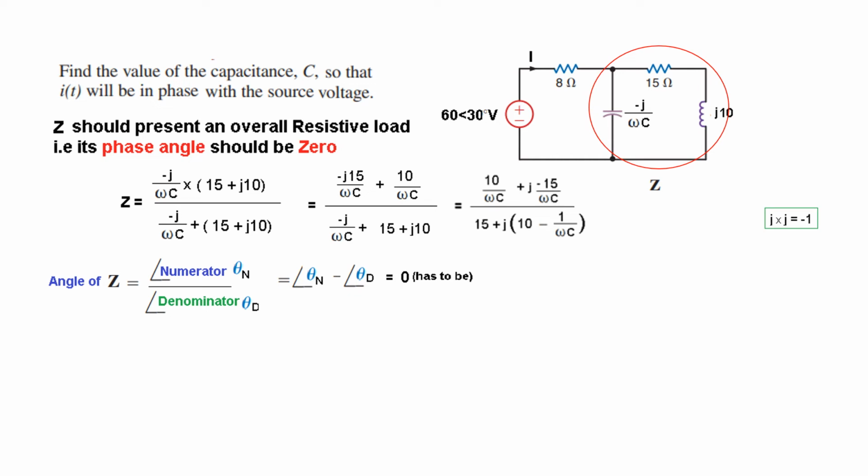So that means theta n minus theta d. And now the requirement is that this angle has to be 0, as we have talked here. So if this angle has to be 0, that means theta n should be equal to theta d.